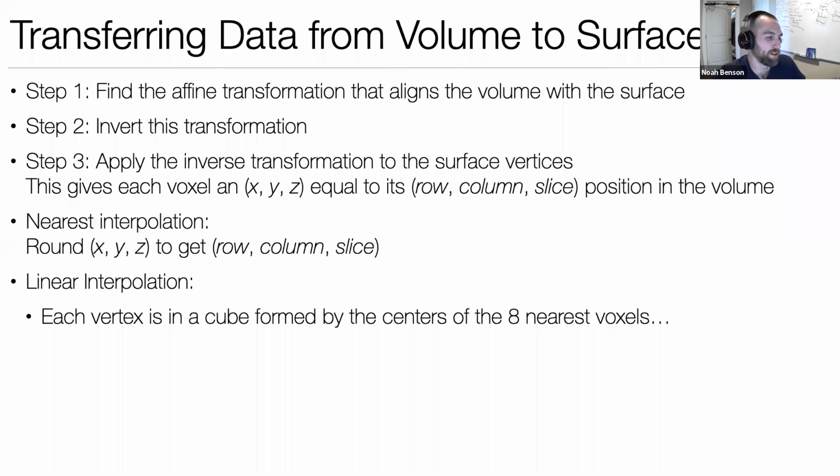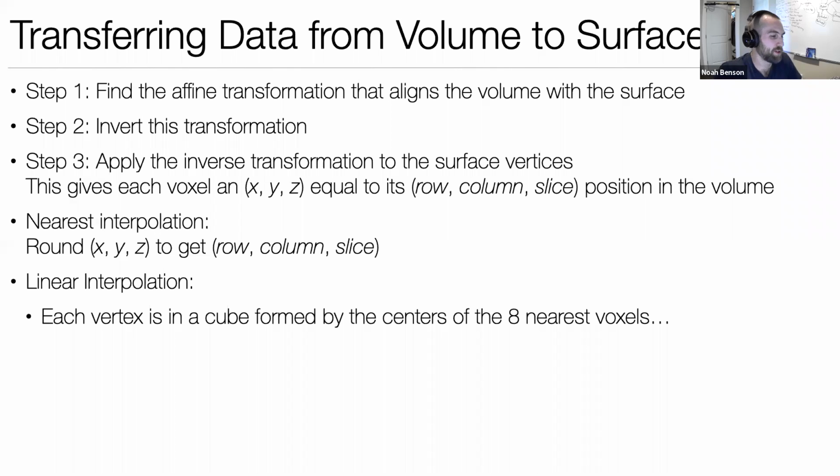Step one is basically to find the affine transformation that aligns the volume with the surface. This can depend a little on the software you're using, and usually it will be somewhat encapsulated in whatever method you're using for interpolation. But this is basically the first step. For things like FreeSurfer, you usually need to align the image with the subject's brain.mgz file, which is one of the files that FreeSurfer produces.